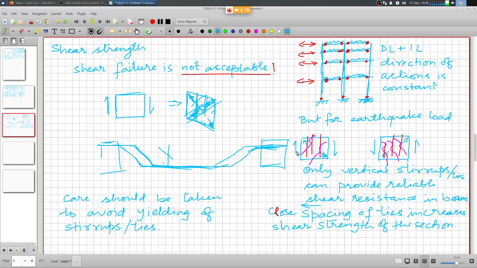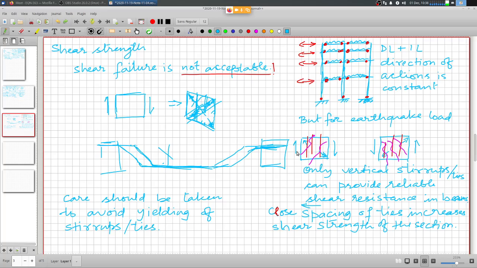stirrups or ties, lateral ties, and obviously there is a problem with using higher diameter, because it needs that much more effort to bend it. I mean, the ties have to be bent into different shapes, rectangular or hoop or circular shape.